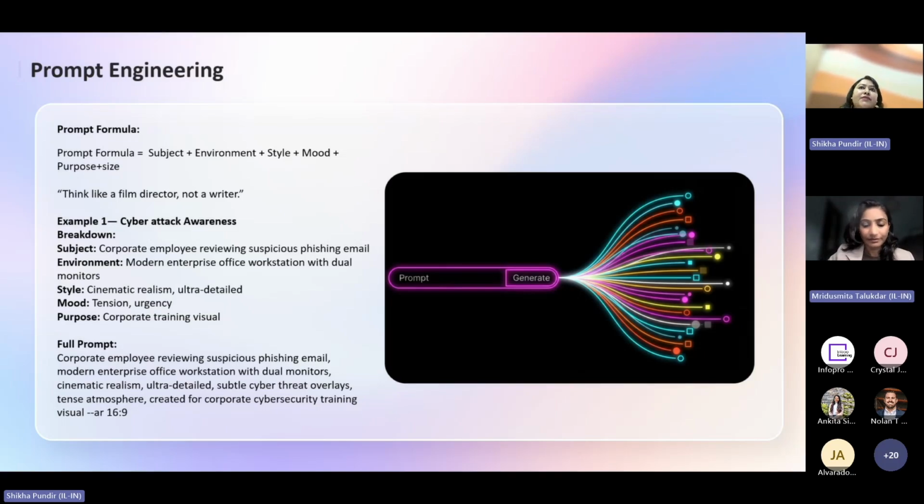For styling, we have to give the indication to the AI tool whether we want a cinematic kind of style, ultra detailed, or something else. With this, we also have to set the mood, like if we want to show tension in the environment, or some suspicious activity, and so on.